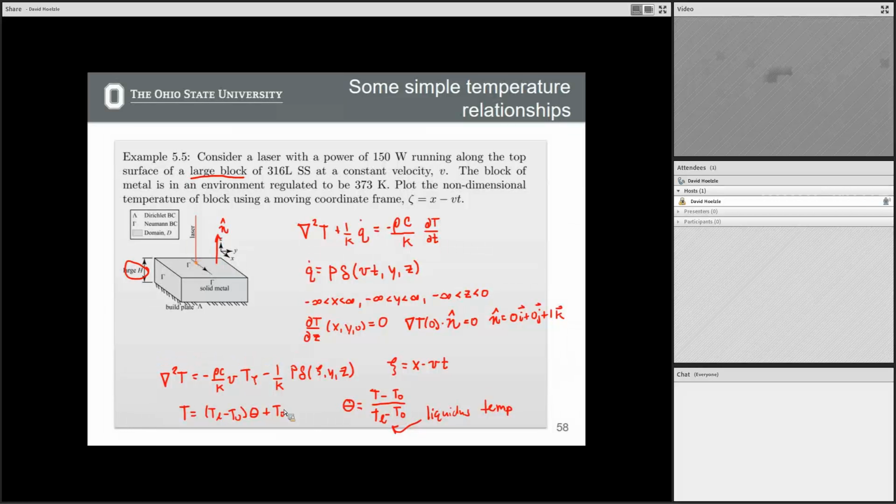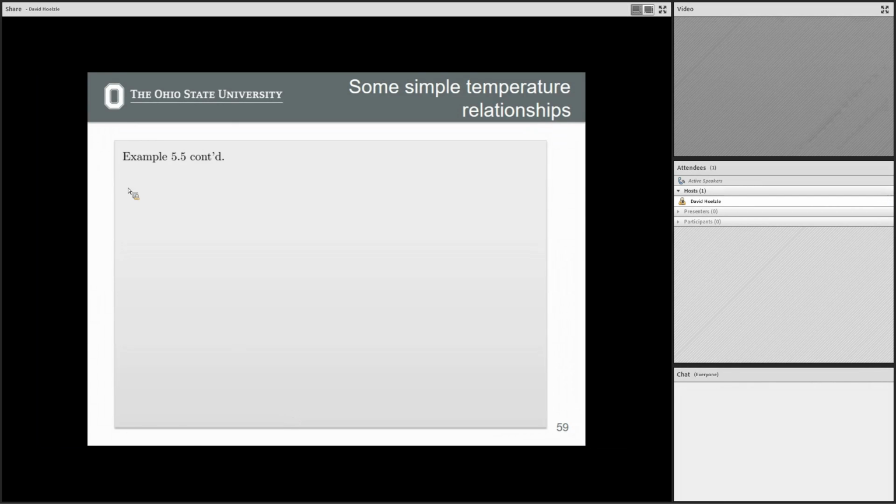The very last thing I'll do before we adjourn for the weekend is plug this into the PDE that we already had.